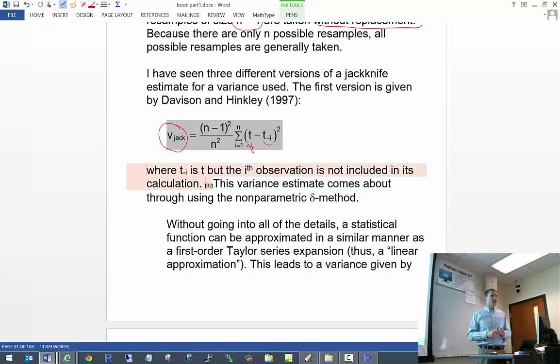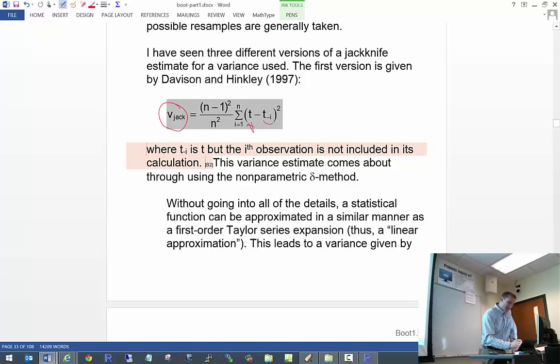So obviously you've seen the delta method before. There's actually something very closely related called the non-parametric delta method. Without going into all the details, so I'm hand-waving here, I'm going to give you a brief explanation of where this comes about.